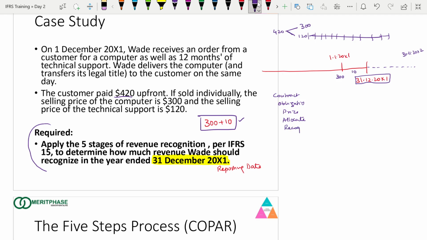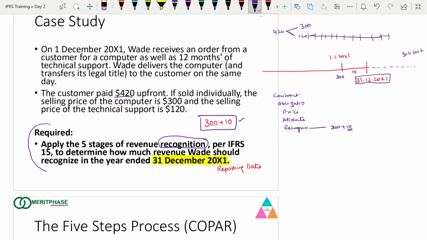How much are we going to recognize? That is what the 5 stages of revenue recognition say. Recognizing 300 plus 10. Is it clear to you?